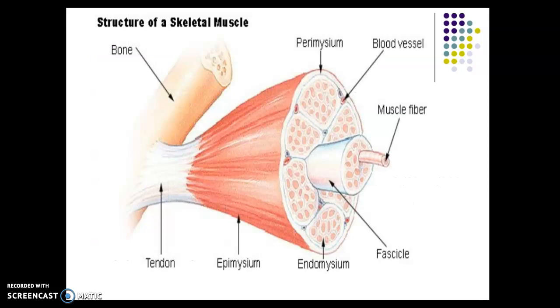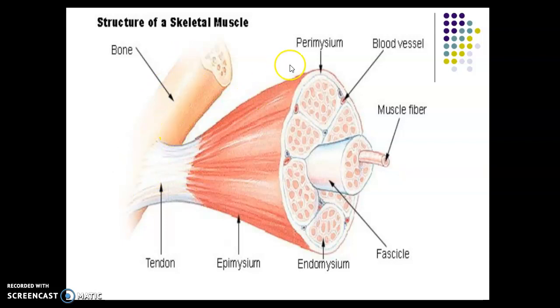So here's a bone, just kind of a generic bone, and we're looking at a muscle that has been sliced in half. This is the outermost area of the skeletal muscle, and it is covered with a connective tissue sheath called an epimysium. The epimysium is connective tissue, and it will blend into the tendon, which will then attach to bone.